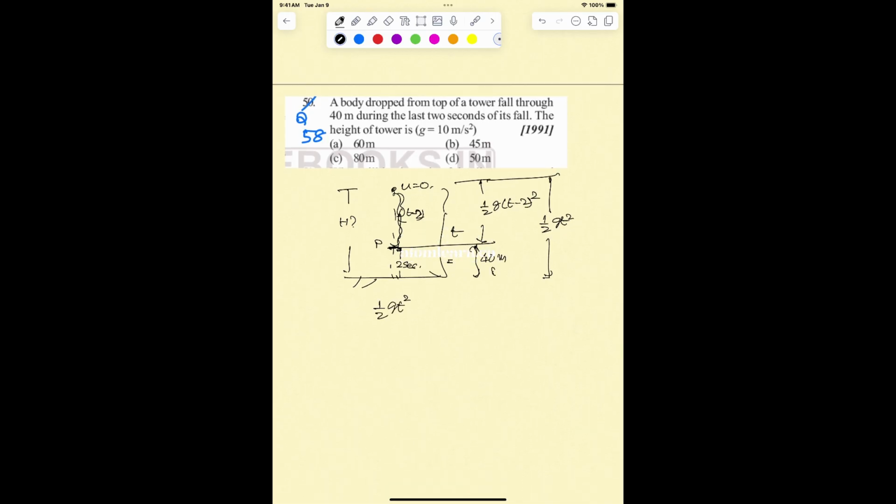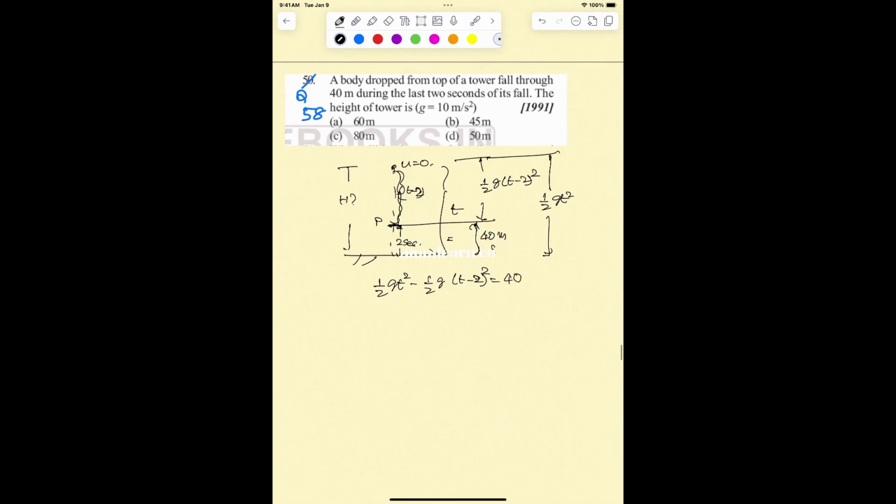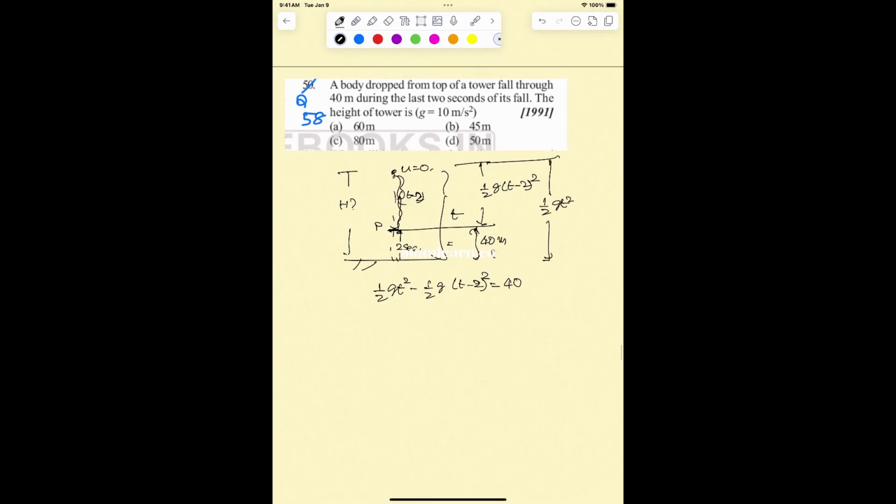Therefore it is given that half g t squared minus half g into t minus 2 whole squared equals 40. Now as I said, take half g as 5. That actually means t squared minus t minus 2 whole squared is equal to 40 divided by 5, which is 8.